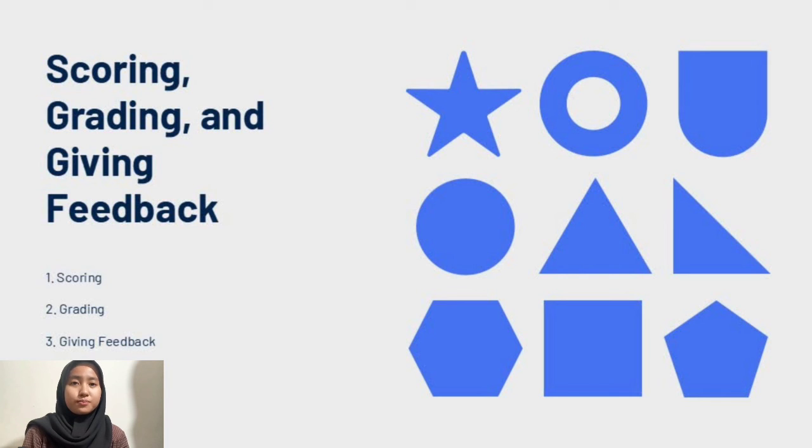Your first thought might be that assigning grades to student performance on this test would be easy. Just give an A for 90 to 100%, a B for 80 to 89%, and so on. And the last one, giving feedback.